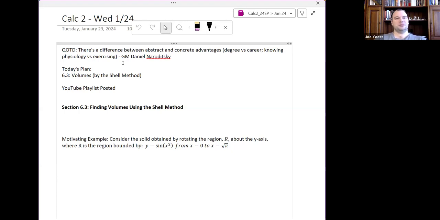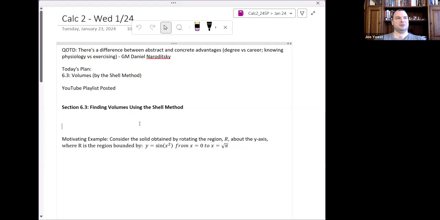Or in math, this might look something like attending lectures and understanding in a general, abstract way what the shell method is, versus actually going to the book, picking a couple of problems, working through them, going to the homework, completing the homework questions, and really drilling the idea of finding volumes using the shell method or using the disk method or whatever.